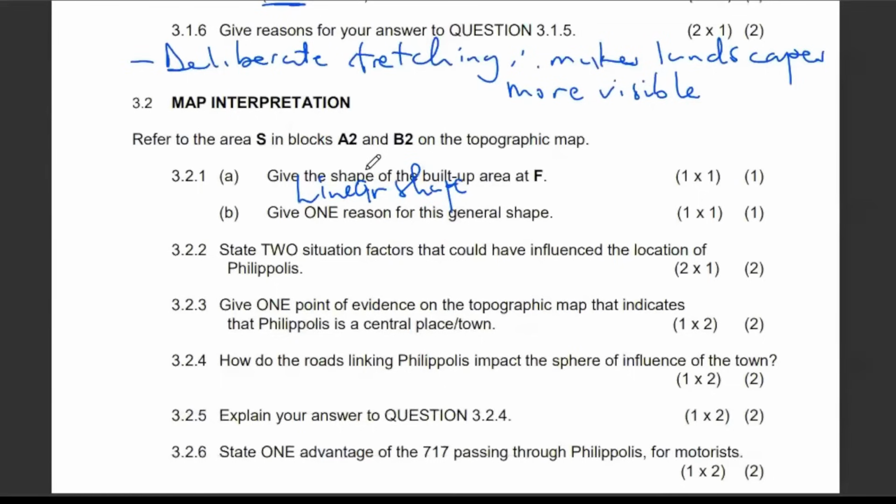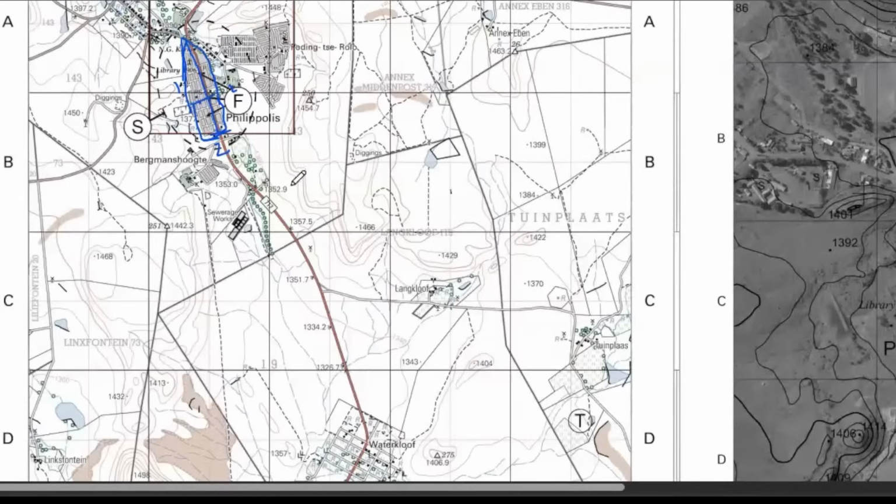And the reason that we can identify there is because of this route here. The buildings, if you check, are located mainly following it. Here it's getting narrow as we get here, and also here it's getting narrow as we get here. But the major reason is that the built-up area is influenced by this road here, which is R717.